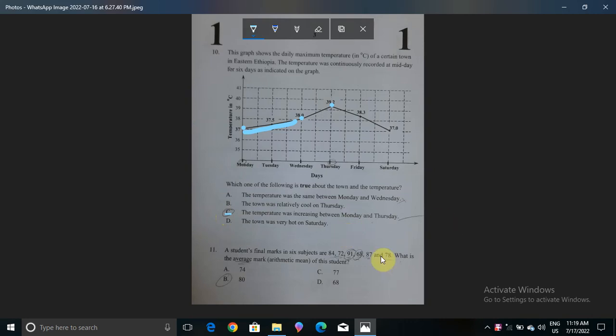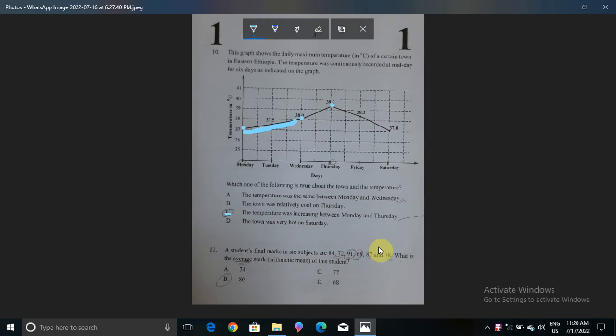Now question number 11. A student's final marks in 6 subjects are 84, 72, 91, 68, 87 and 78. What is the average mark, the arithmetic mean, of this student? He is asking about the average mark, the arithmetic mean.